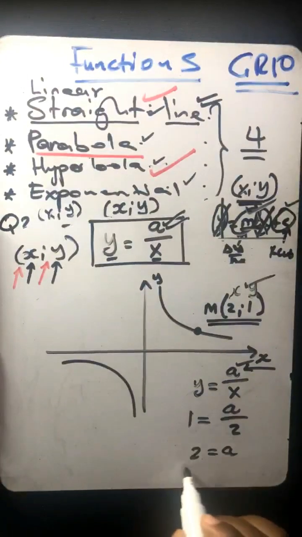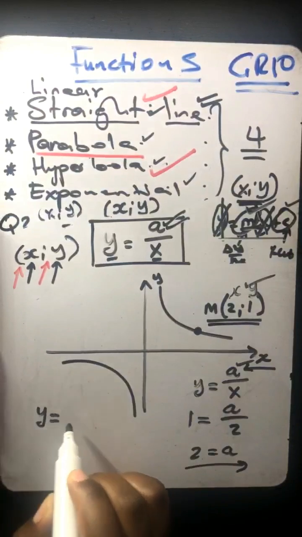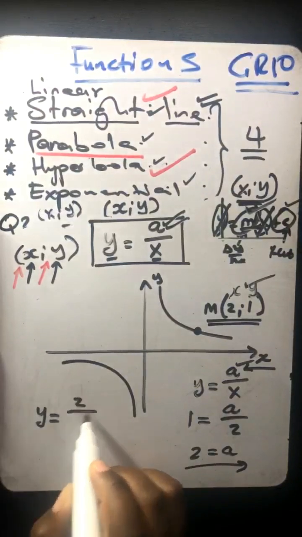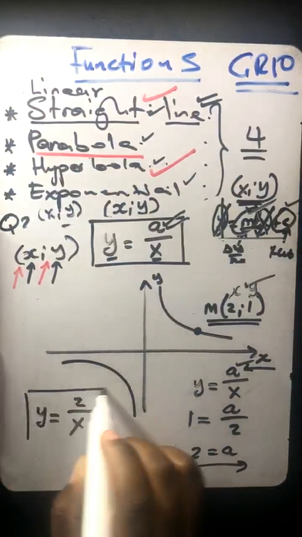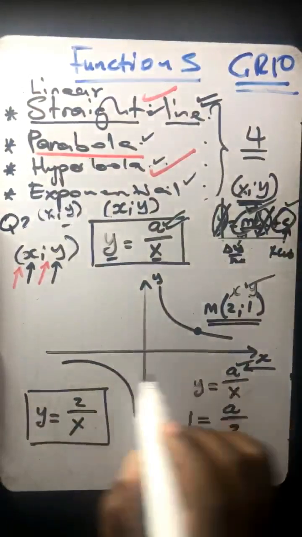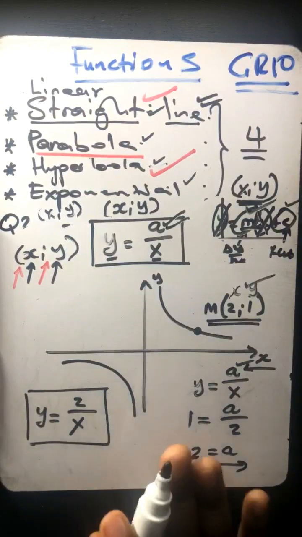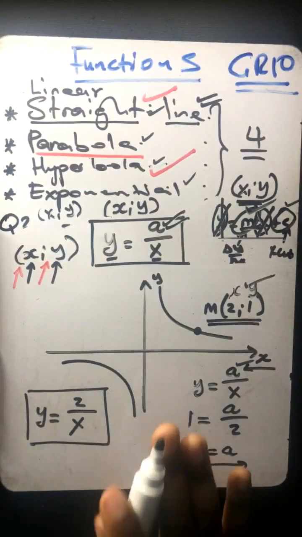So that means your a is equal to 2. Then your formula is going to be y equals 2 over x. This is the formula for that function of a hyperbola. It is as easy as that.